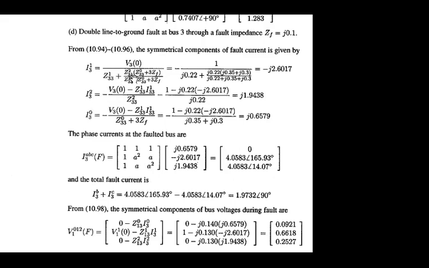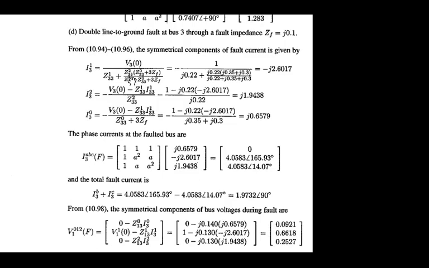So these things were done in the last class, but just to remember how you can absorb this equation, that's the trick. You have to consider Z0 plus 3ZF in parallel with Z2, and that total configuration in series with Z1.